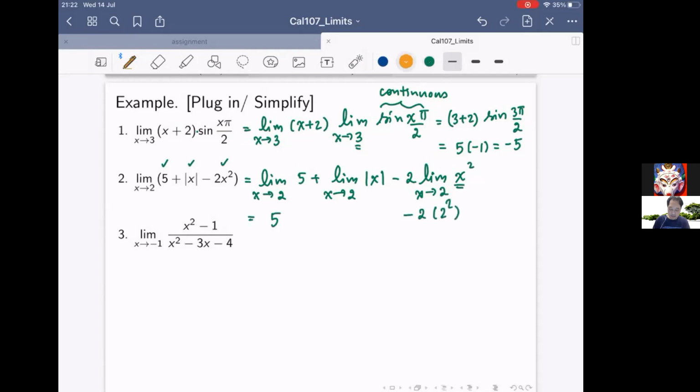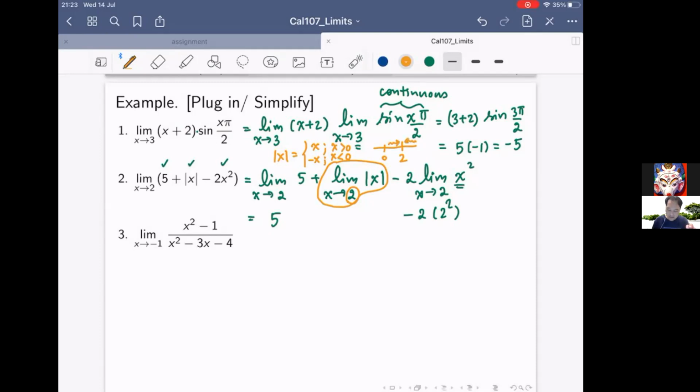How about this one? This is something that you really need to talk about, because the absolute value of x is really not a polynomial. The absolute value of x can take a value of x if your x is positive, and it can be negative x if your x is negative. And here, your x goes close to 2, so the 2 is right here, the 0 is right there, and it goes really close to 2, so it will be the positive side of the x, right?